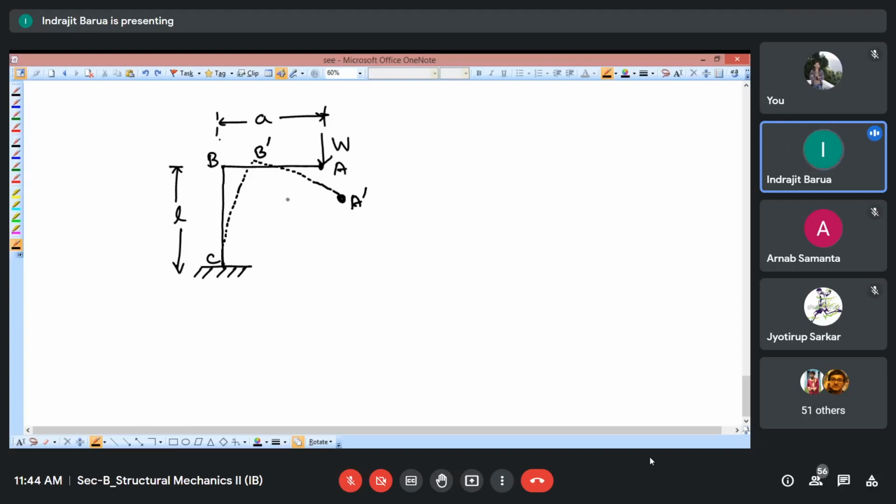Considering the displacement like this, we are interested in the vertical displacement, because my load is acting in that direction. So please understand this: this is my deflected shape. Here it will be constant.